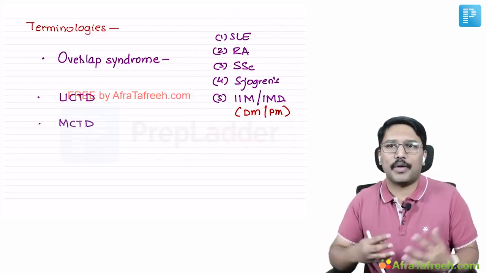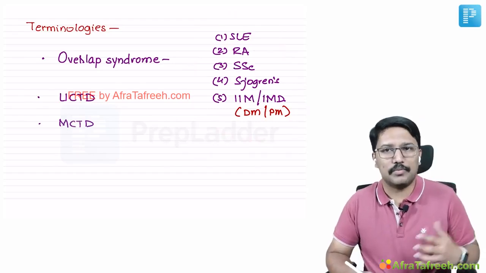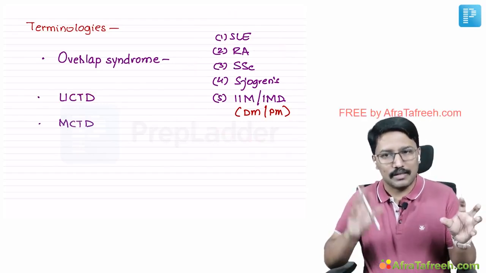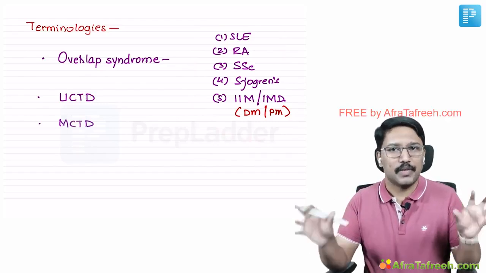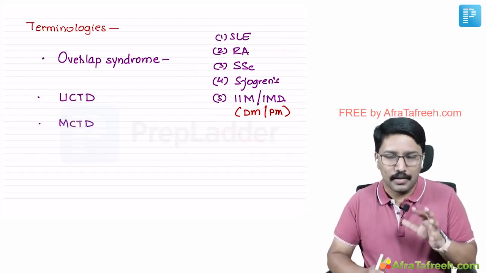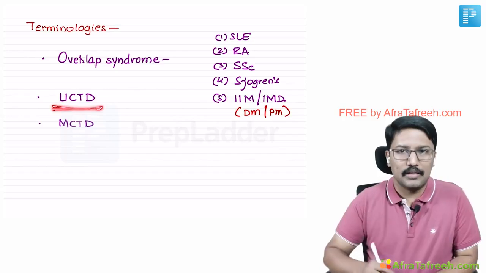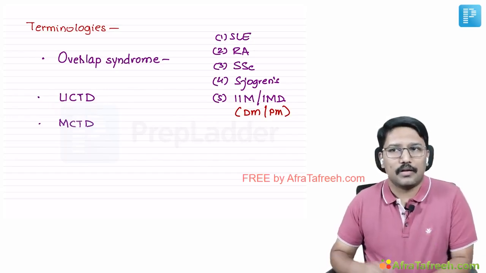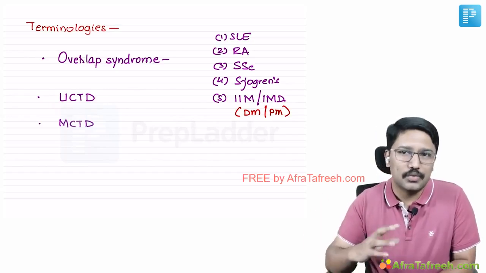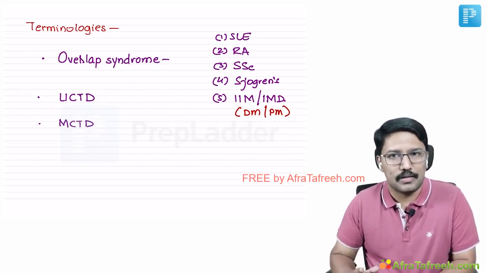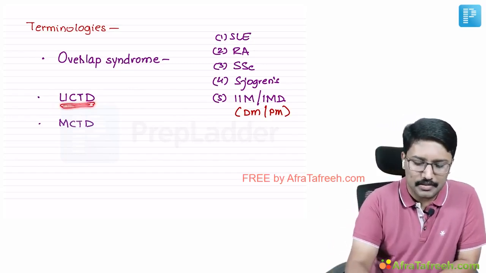There is no overlap as of now, right? When I say overlap syndrome, that means clearly we have some SLE features, some RA features, or some SSc features. There is overlap of these features, right? In undifferentiated CTDs, we cannot clearly ascribe one entity to these patients' symptoms or complaints, right? That is what we call undifferentiated CTD.